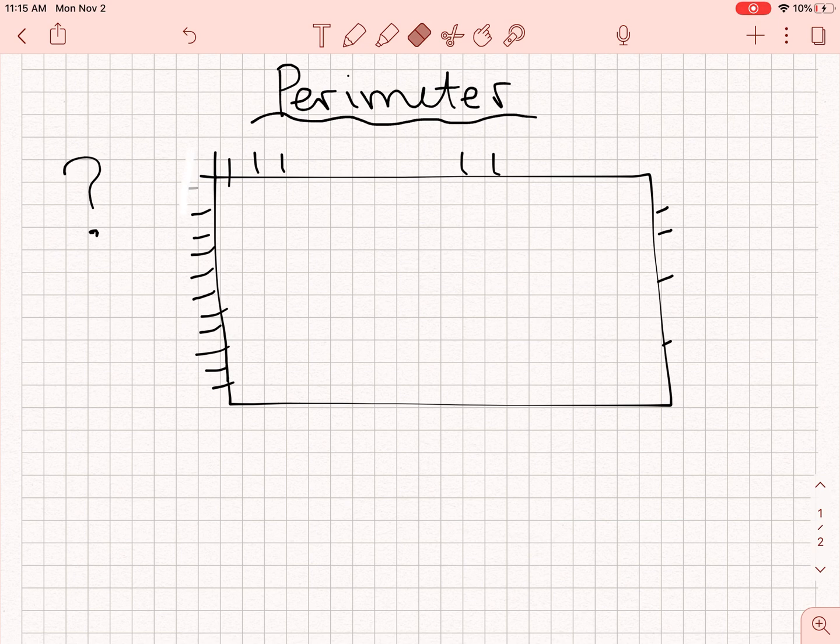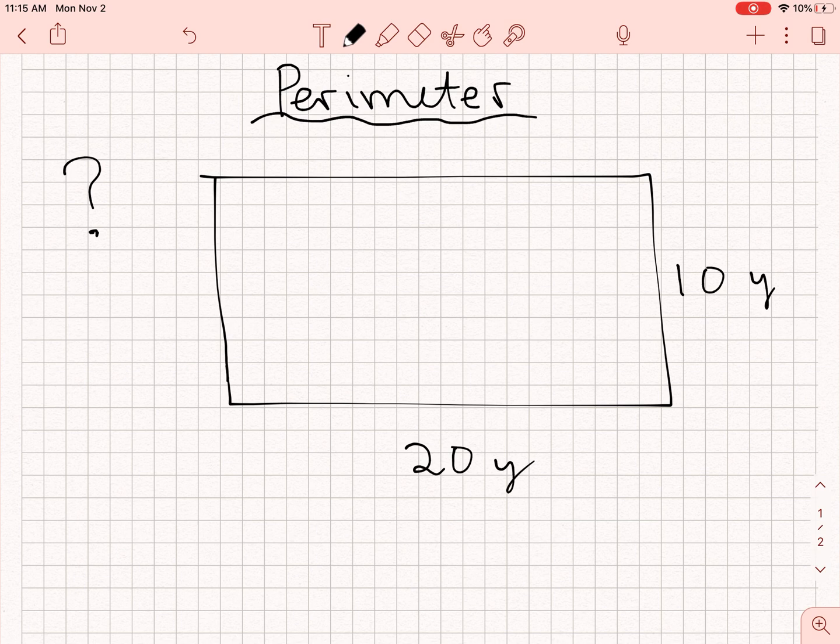Let's say that one side is, we'll call it 10 yards. And let's say that it is 20 yards wide.